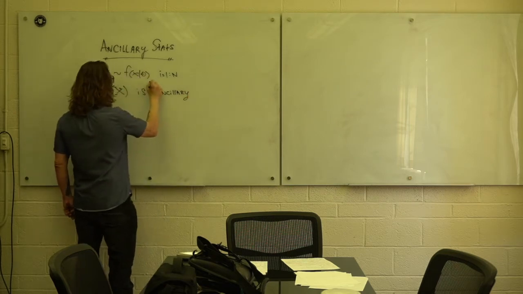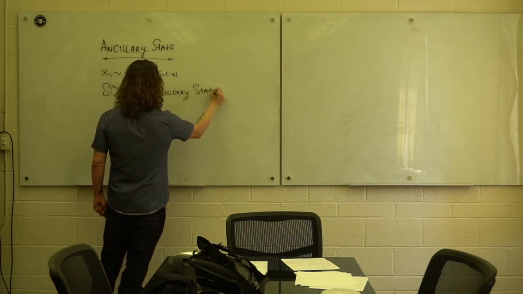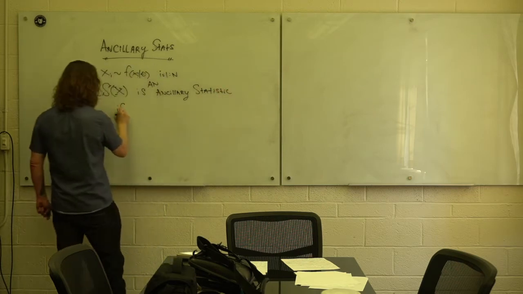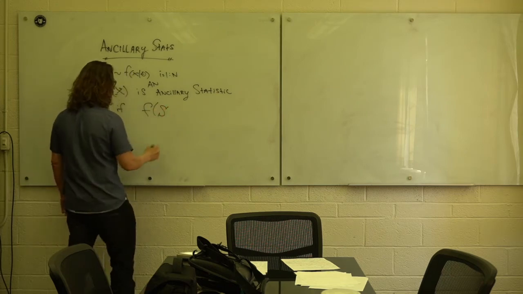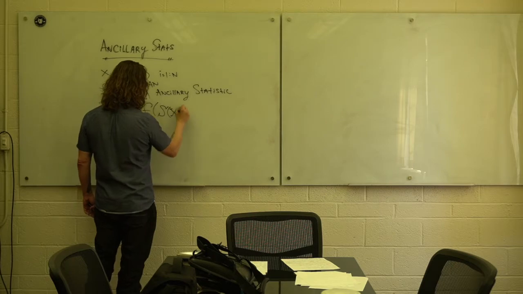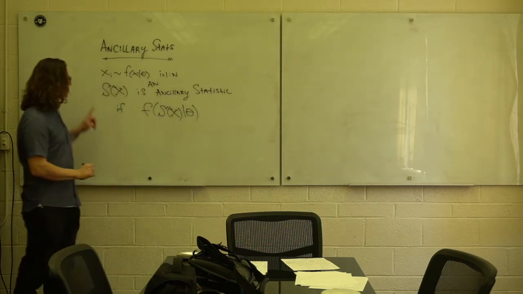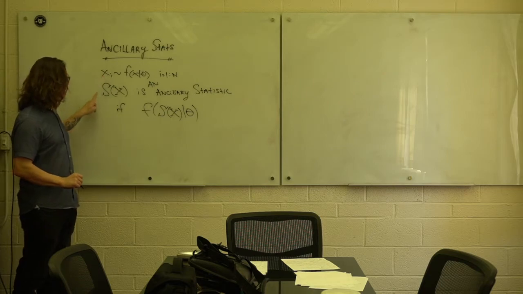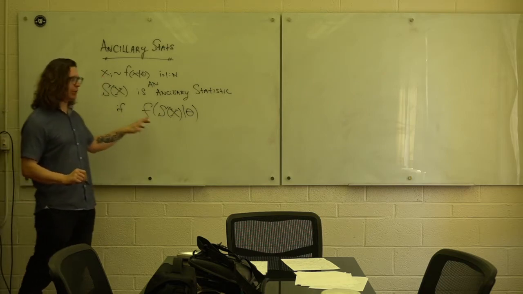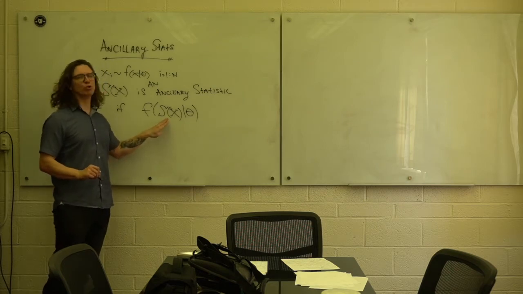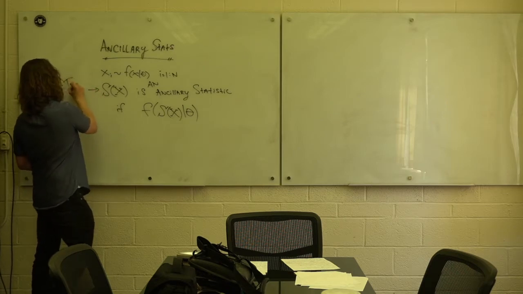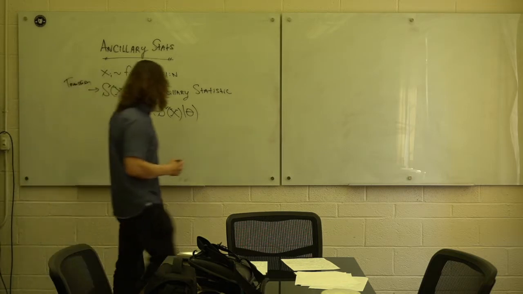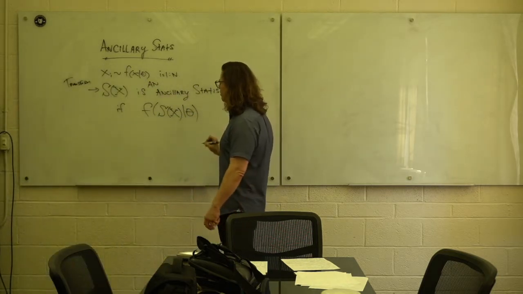Or I might say an ancillary statistic if the distribution that I can form, so I take my original data set, I plug it into this function, I can figure out, at least in principle, what the distribution of this transformation is. So this is just another transform, some function of the data. This thing won't have any dependence on theta.